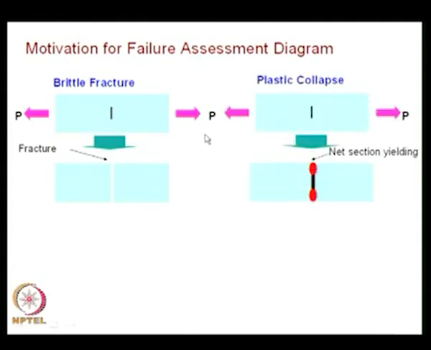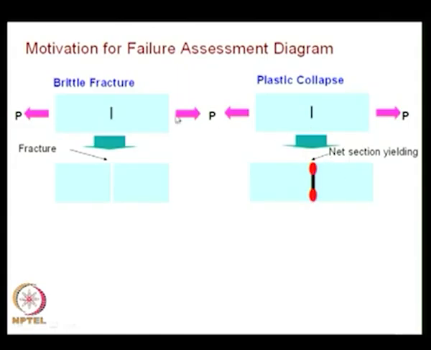Another aspect is, if the material is very tough and also if the loading is quite significant, you may find the net section experiencing plastic deformation, and this is known as net section yielding. Because of this, the structure may collapse.